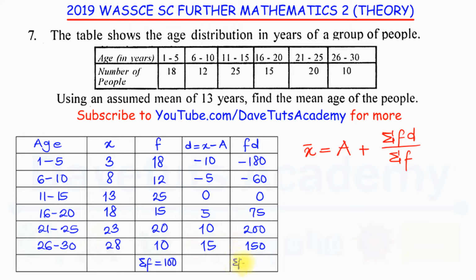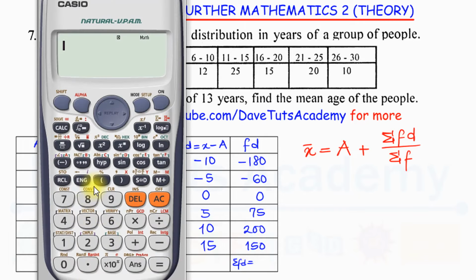Let's just make use of our calculator. We have minus 180 minus 60 plus 0 plus 75 plus 200 plus 150. What's that? That is 185.